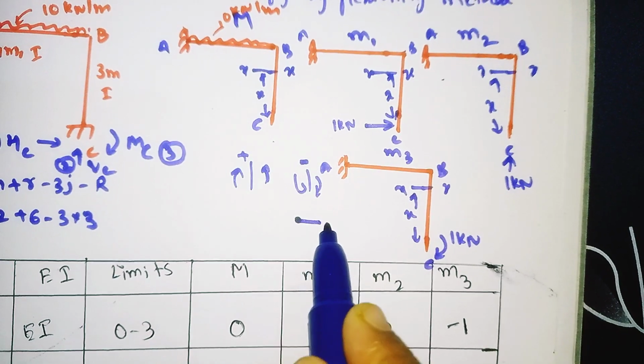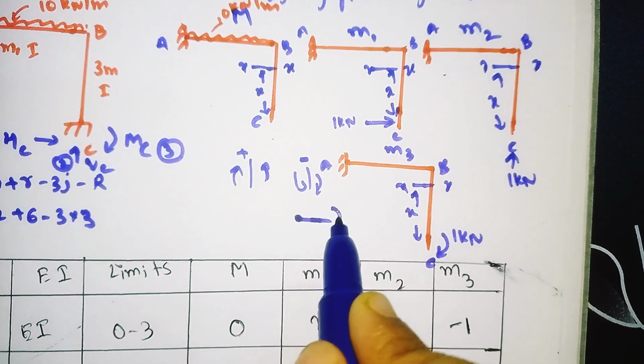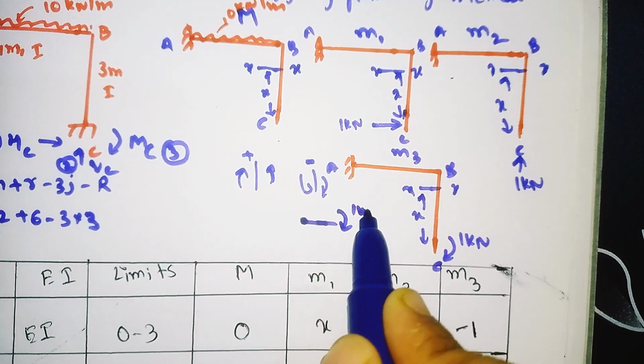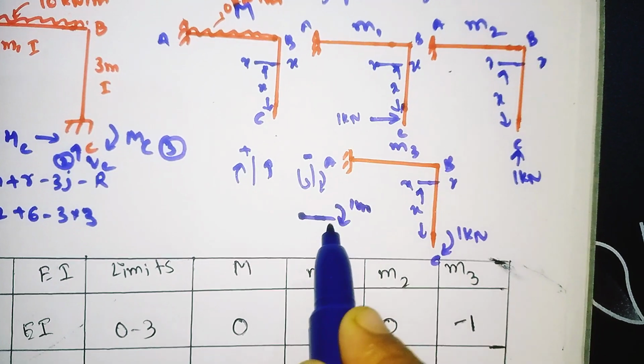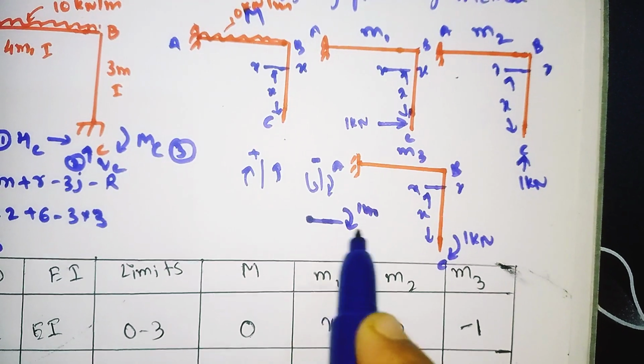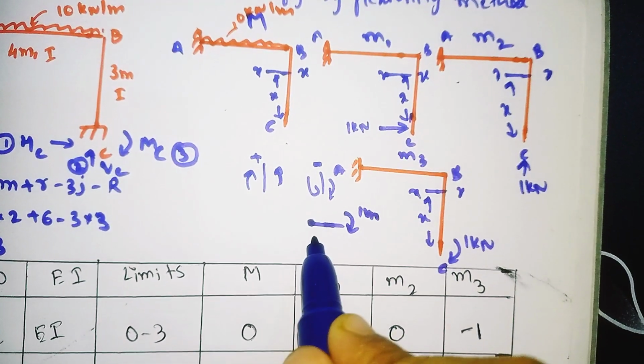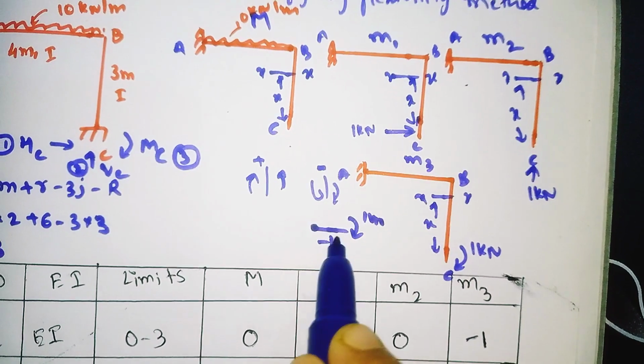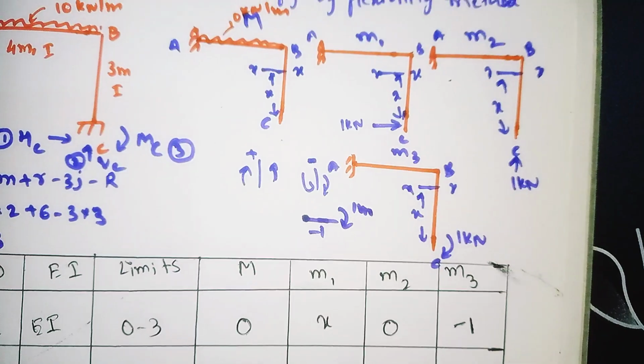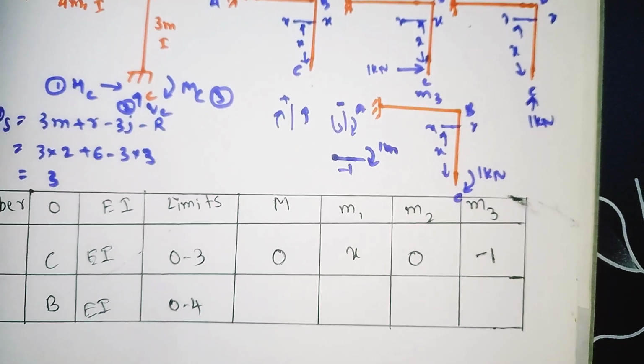Like this is the member. The 1 kilonewton is clockwise like this. So it is pushing this member downward. Downward means it has a negative effect on this member, so the value is -1. So M3 value is -1.